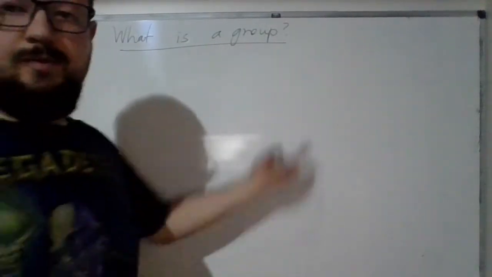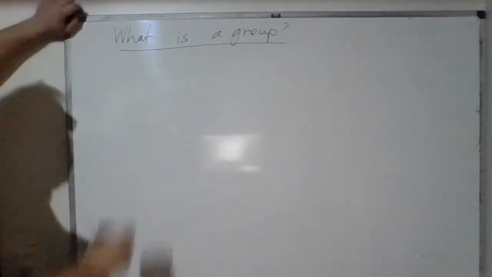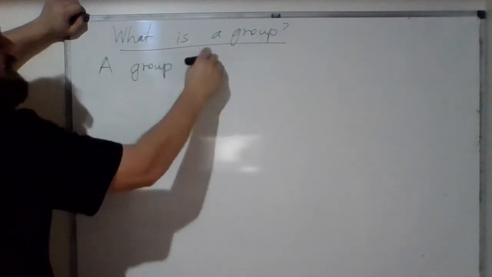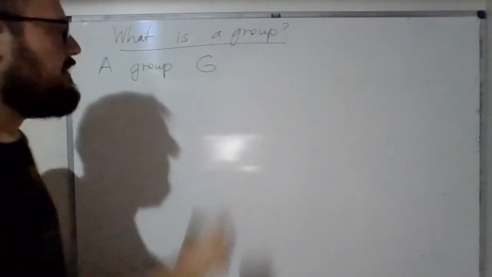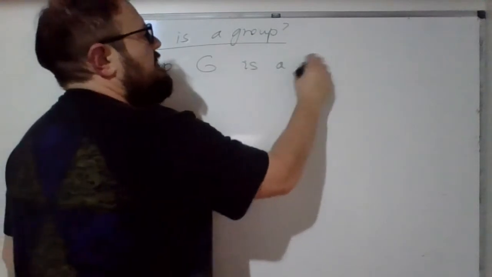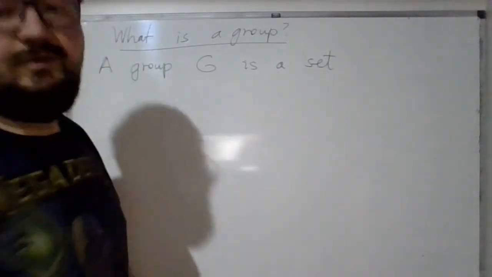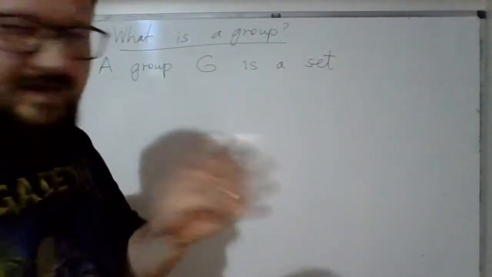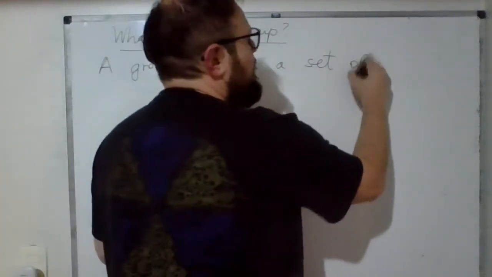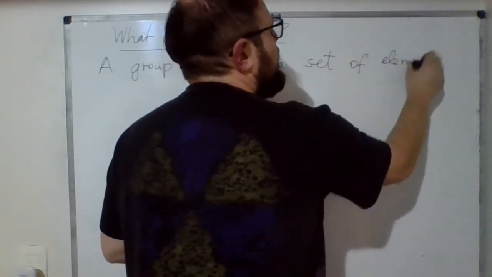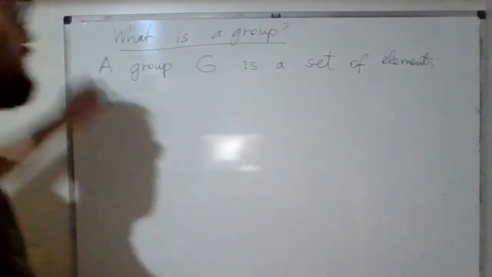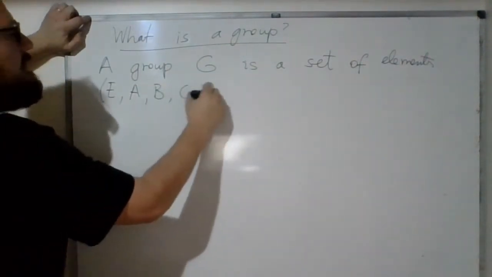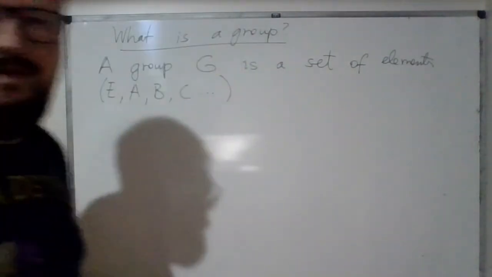We can define a group by the following properties. So a group, say a group G, is a set. So we are dealing with set theory, but it's a special kind of set. It's a set of elements, A, B, C, okay?